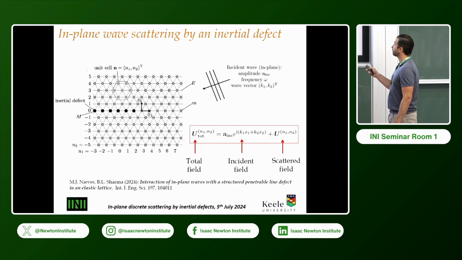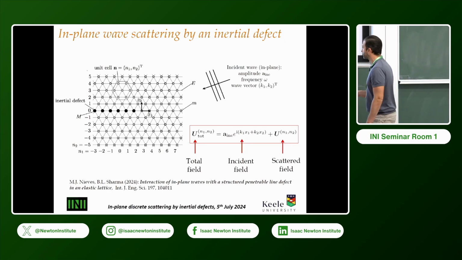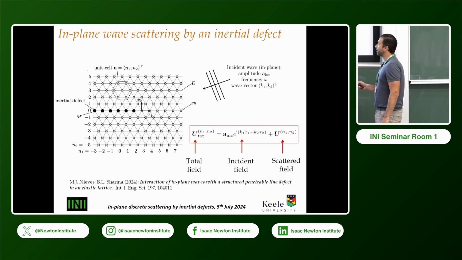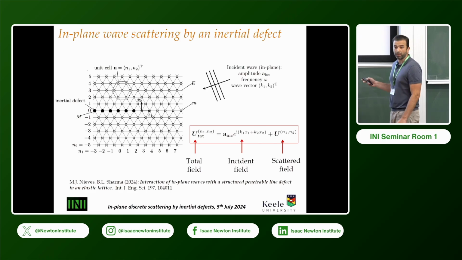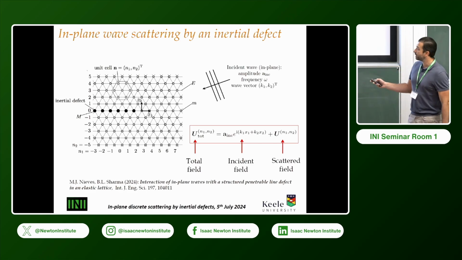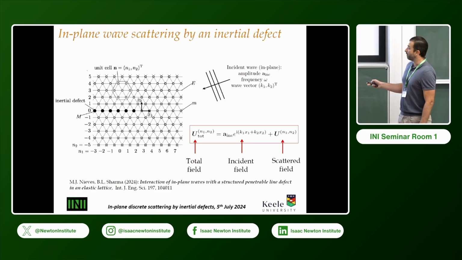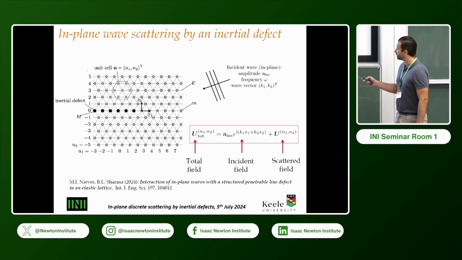What we're going to do is look at a scattering problem where we send in an in-plane wave and look at how this interacts with the defect. We'll take our total field, which represents the displacements of the nodes, and here M1 and M2 are indices that locate the positions of nodes, which you count via the bottom lines in this system.